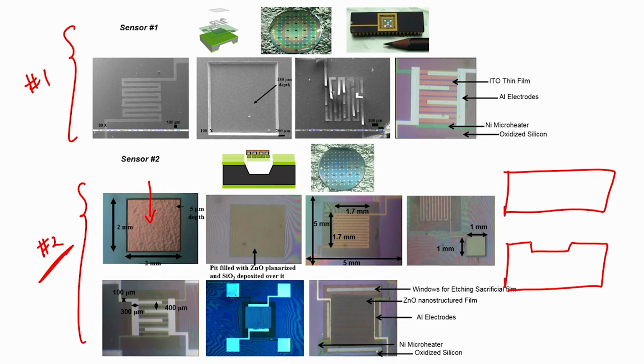On that pit we have filled the material with zinc oxide, then we have planarized the material, all right. On that we have a micro heater, on the micro heater there is an insulator, after which we open the contact of the heater, then we have interdigital electrodes, then we have a sensing layer.